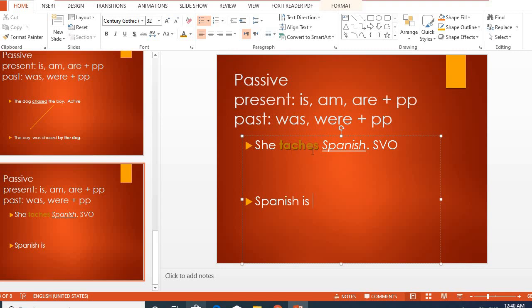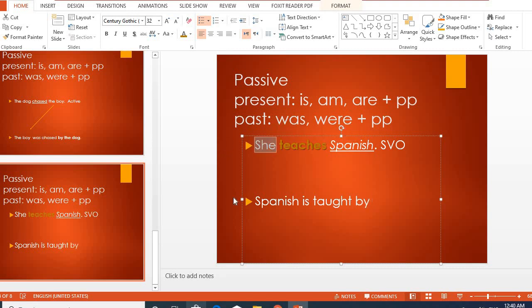The verb is teach. Oh, I wrote it wrong. Okay, the verb is teach, right? What is the past participle of teach? Teach, taught, taught. So the past participle of teach is taught. So Spanish is taught by who?